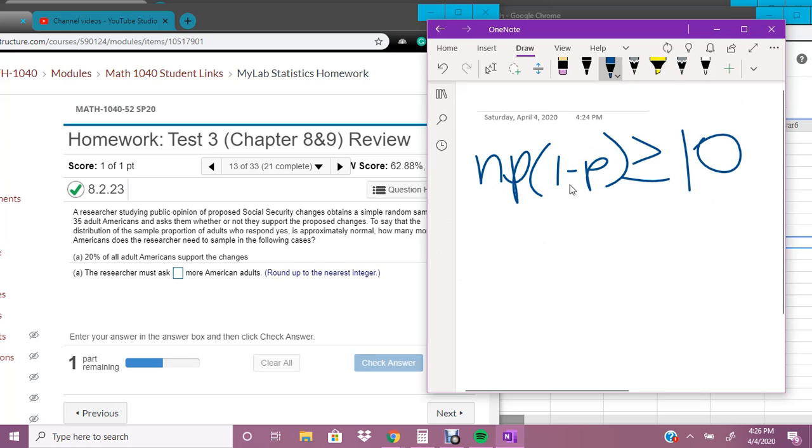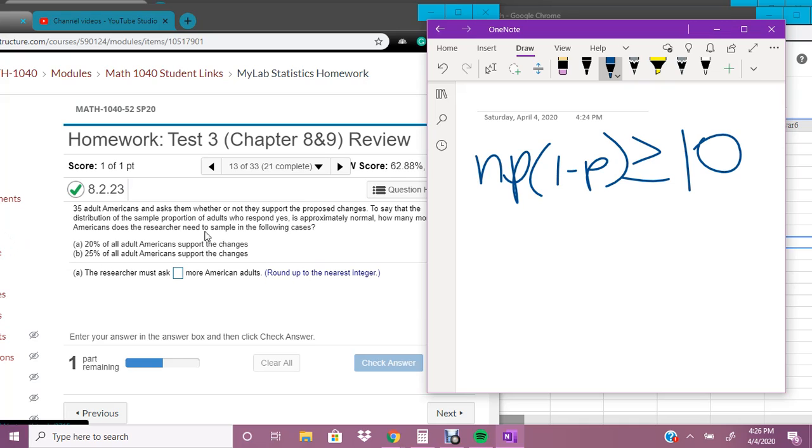That's one of the rules, and so we're going to use that rule to solve this problem because we're trying to find this n, right?